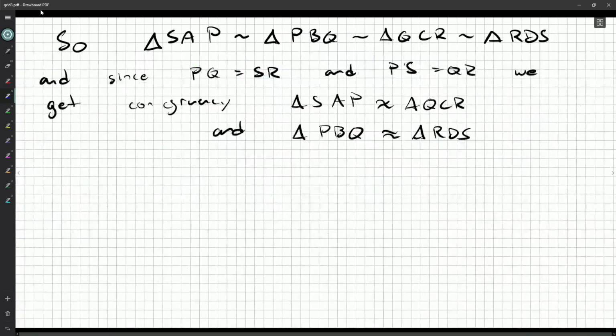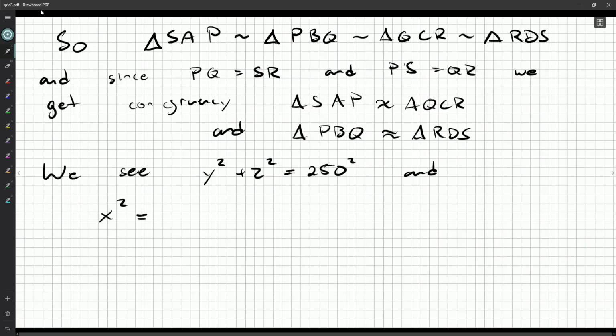Well, we can see, and you could write this up nicer with the Pythagorean theorem, but you can say y squared plus z squared is 250 squared. And this is, I think, the bigger one. x squared is equal to x minus z squared plus 718 minus y squared.